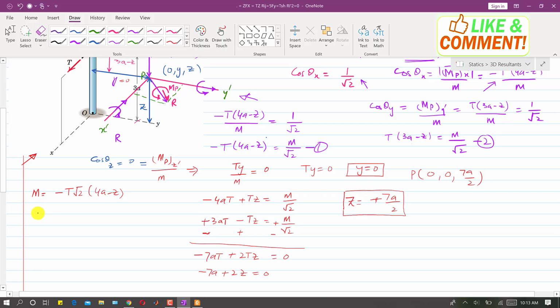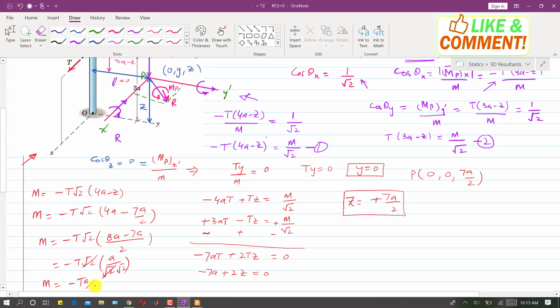So m equals minus t square root 2, and if we put this z as 7a divided by 2, this will be minus t under root 2, and if we take the LCM, this will be 8a minus 7a, so this will be a divided by 2, and we can represent this 2 as 2 under root 2, right? So this one will be cancelled out. So m is equal to minus ta divided by square root 2.